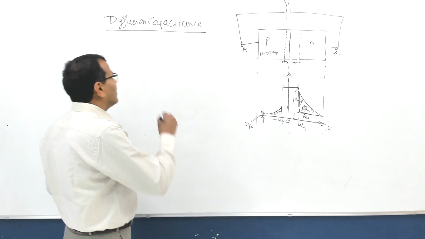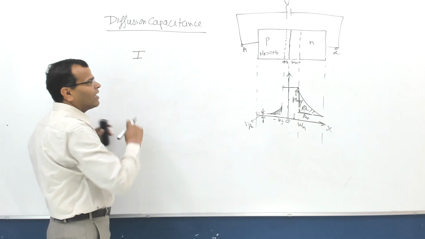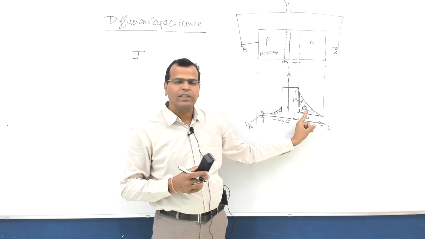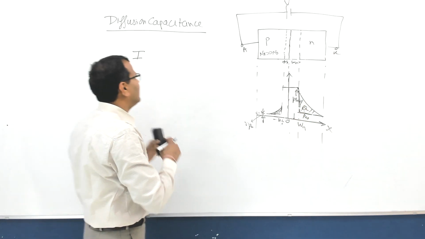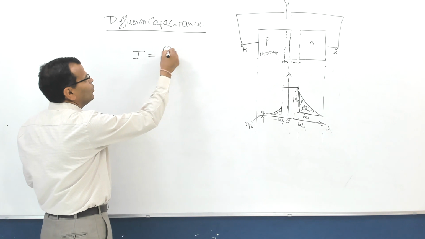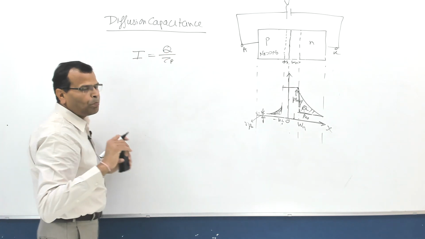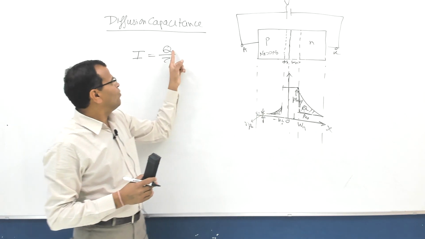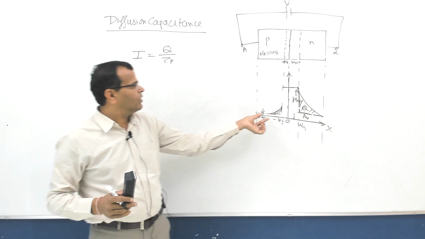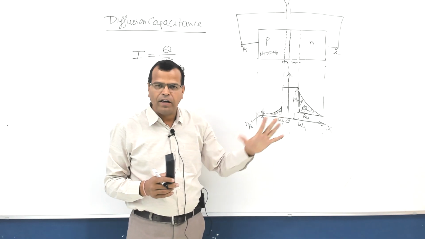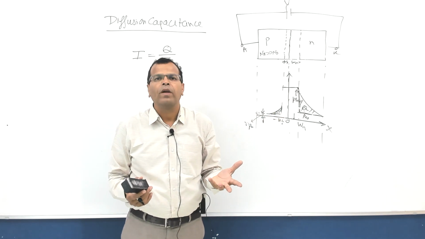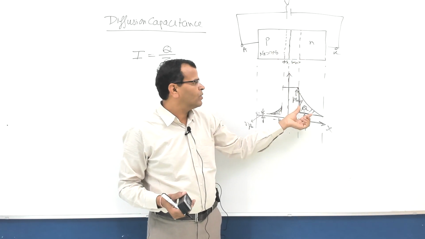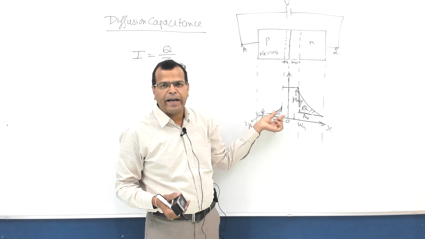Now the forward biased current of this diode is a function of this charge, and that is given by I equal to Q by tau P. Please remember this. Similarly, I can find here Q dash by tau N, nothing but the charge of electrons. You can find the total current will be the sum of these two, but I am assuming this side is heavily doped and this is lightly doped, so most of the charge is stored here. This is negligible, I will neglect this charge.